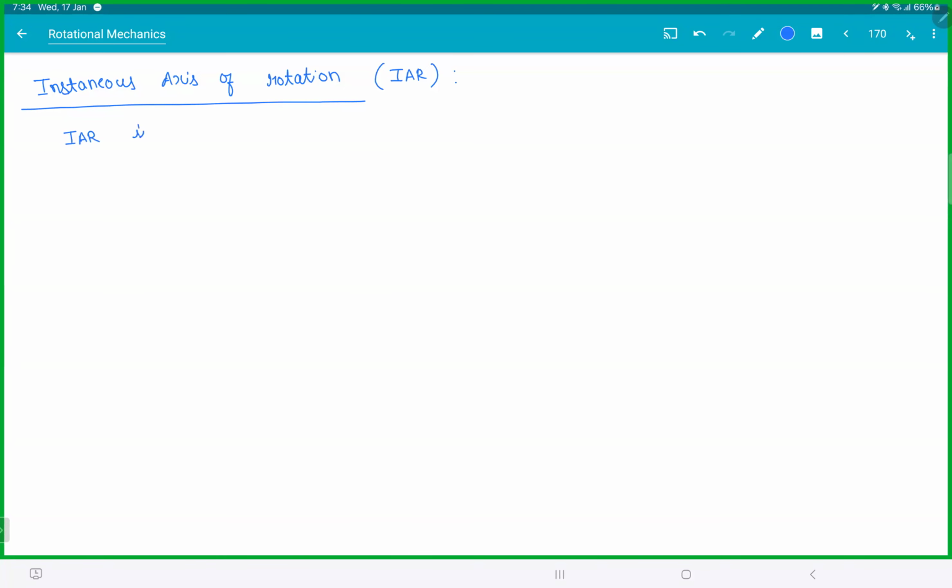IAR is an axis about which the body can be assumed to be in pure rotation for an instant.